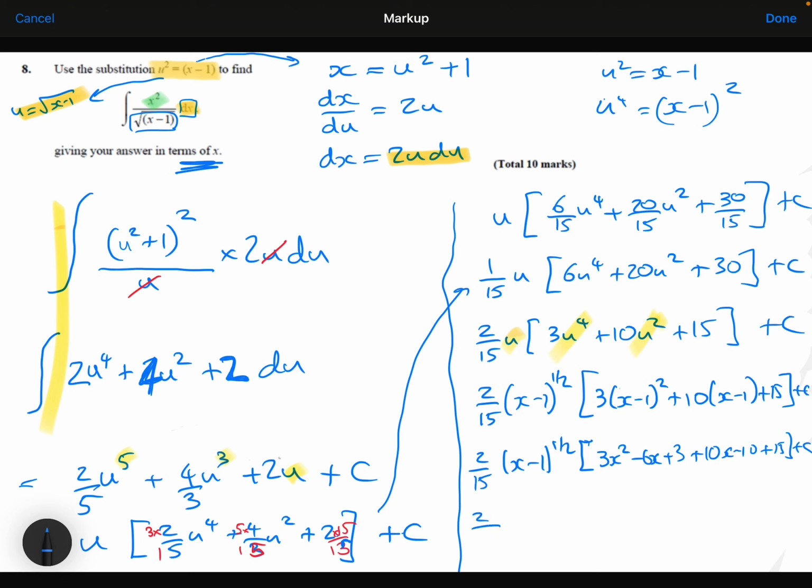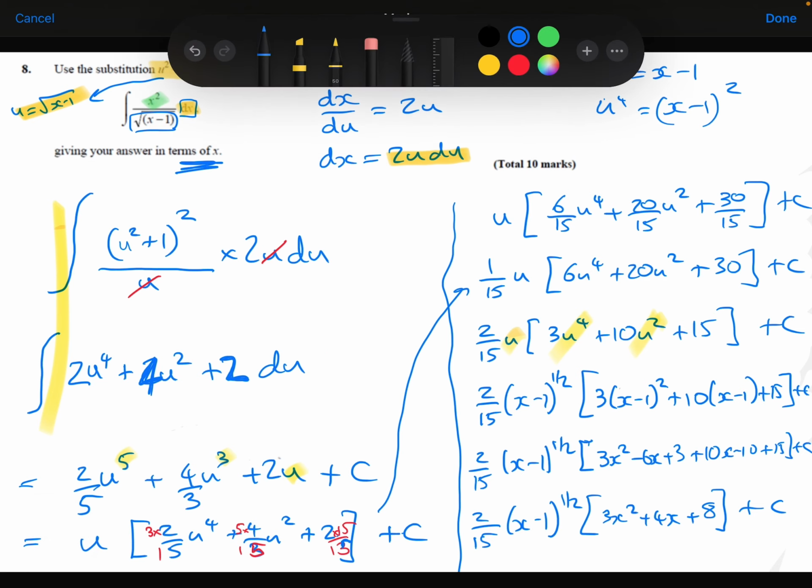And finally, collecting those like terms together, 3x squared, we've got a plus 4x, and then we've got a plus 8. And I think that is probably as simple as we can leave it. So that is my final answer.